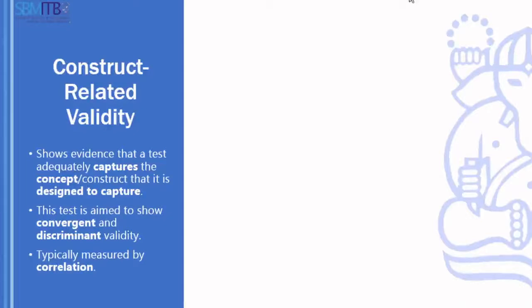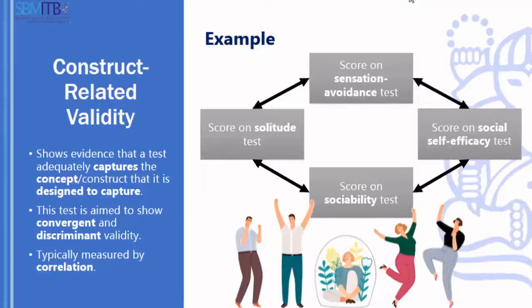For example, you want to measure the concept of introversion using 4 tests: solitude, sensation avoidance, sociability, and social self-efficacy. What would be the correlations among them? Well, let's examine each correlation to see whether it should show convergent or discriminant validity.